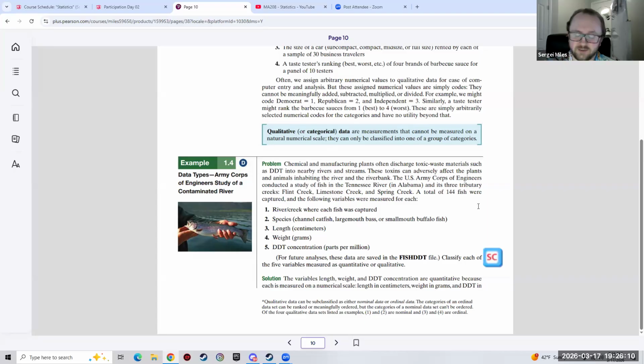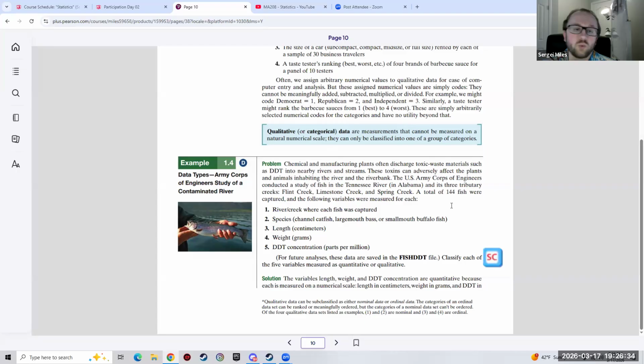So think back to the last video. The population that we're interested in is the fish population around this manufacturing plant. But unfortunately, we're not going to be able to collect data on every single fish that exists around the plant. It might not be possible. Some of them might be hiding at the bottom of a river or a lake.